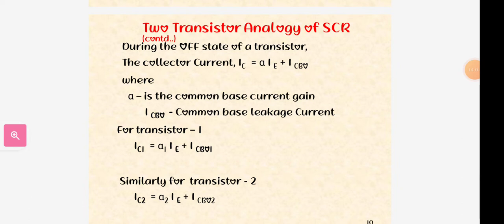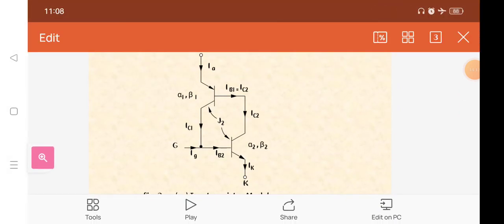Similarly for transistor 2 there is the collector current IC2. In this diagram, the IC1 current flows to the gate, working as a signal for the gate, and IC2 is the collector current of the NPN transistor.